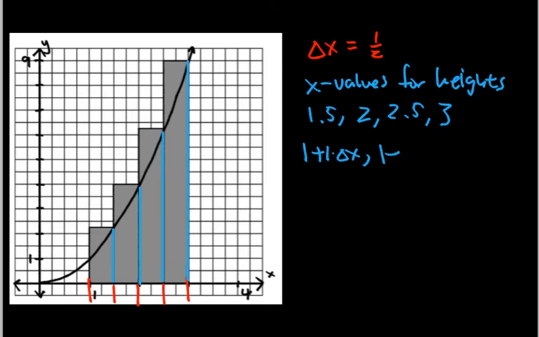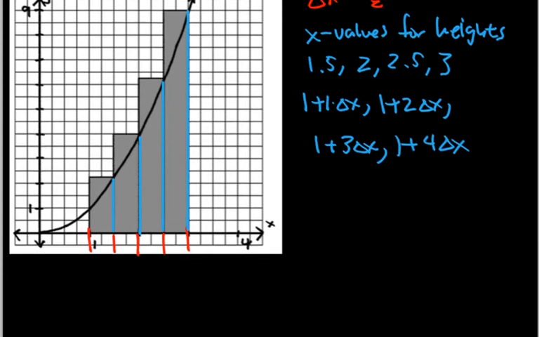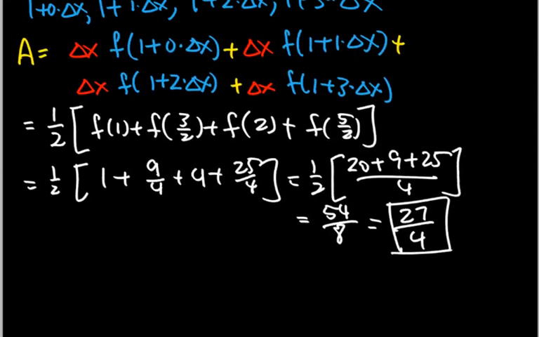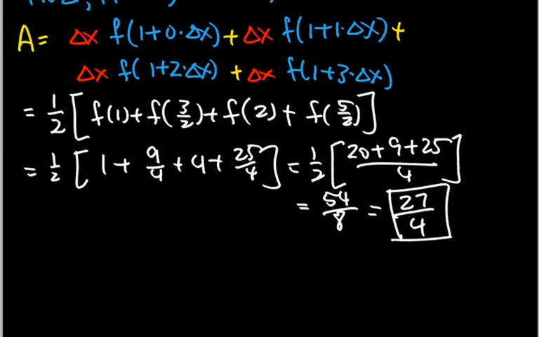Then we get 1 plus 2 delta x. And then 1 plus 3 delta x. And then 1 plus 4 delta x. Okay, so then that means the area is slightly different. So the area is going to be, I'm just going to factor out the delta x because we have it in common in all of them, as we saw up here.